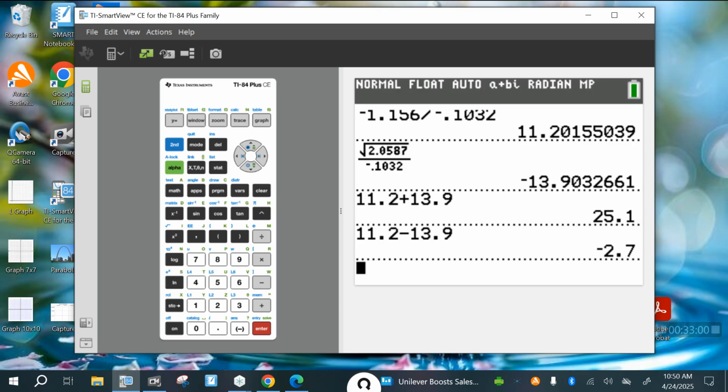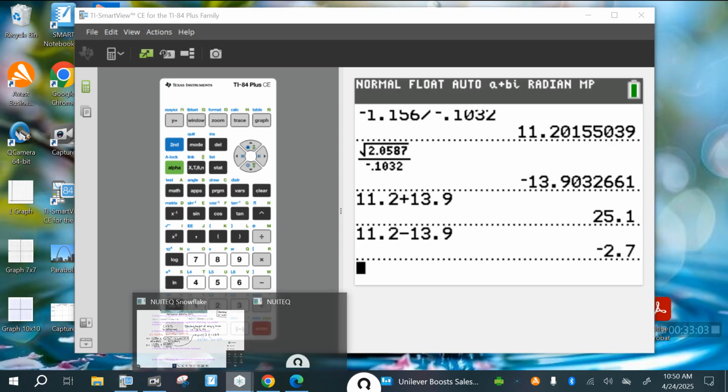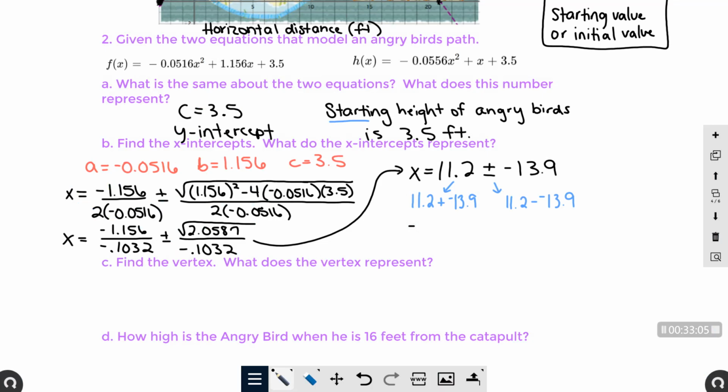So we get negative 2.7 and 25.1. I know that was a lot of decimals to type in, but make sure that you write down how to simplify it so that way you can get similar numbers. Now, once you have those numbers, those are our x-intercepts, but what do the x-intercepts represent?